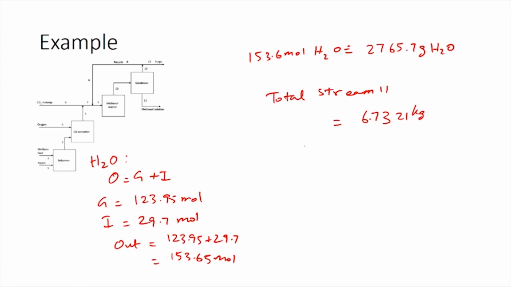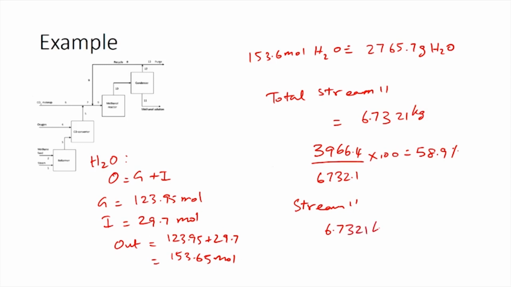Mass percentage of methanol would be 3966.4 divided by 6732.1 times 100, giving you a value of 58.9%. So, stream 11 is basically 6.7321 kilograms of 58.9% methanol solution.